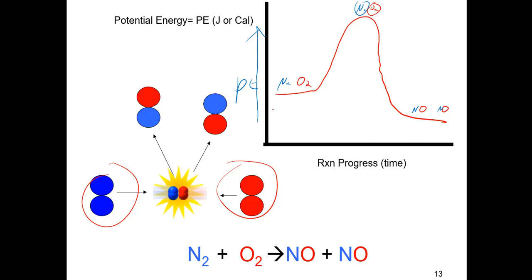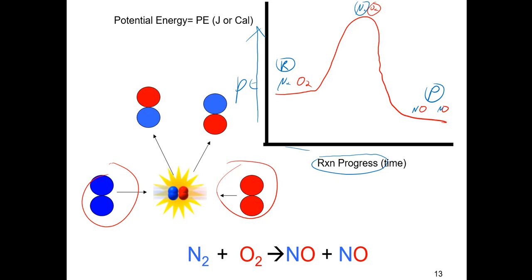Now let's go back to the potential energy diagram. On the x-axis, we have the reaction progress over time, also known as reaction coordinate. It's got a weird name. At the beginning of the reaction progress we have the reactants, and at the very end we have the products.